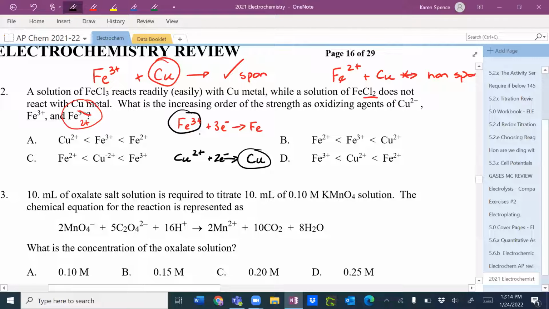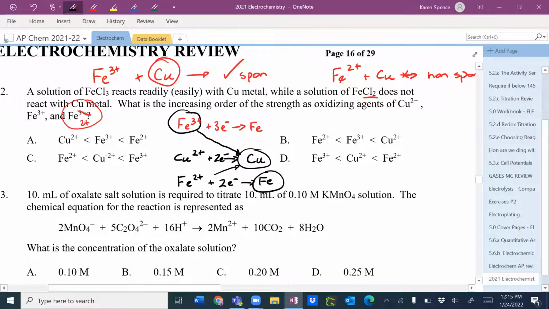So that gives us a spontaneous reaction of iron 3+ with copper. And continuing, because Fe2+ does not react spontaneously with copper, that must be a non-spontaneous uphill battle. That means iron has to be here.